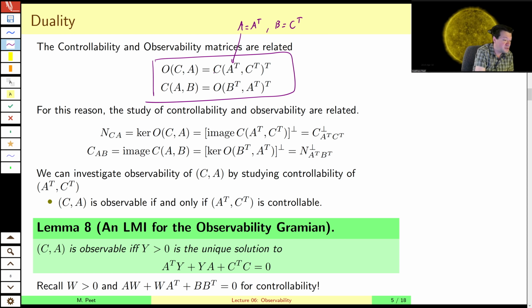And likewise, if we set A equals A transpose, and we set C equals B transpose, and we construct the observability matrix, then we get the controllability matrix of the original system.